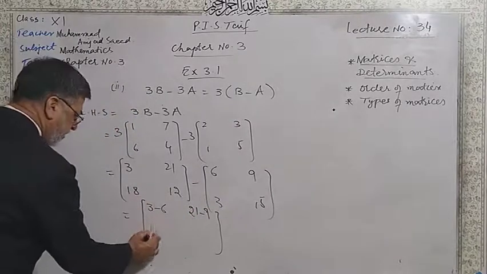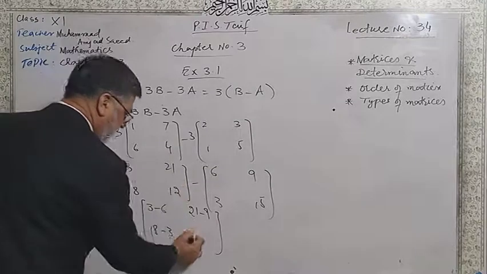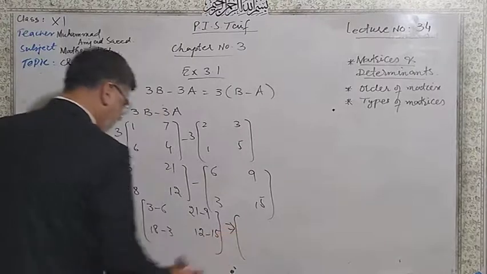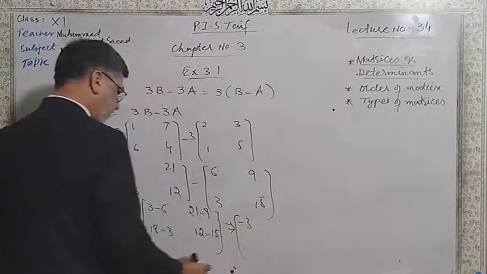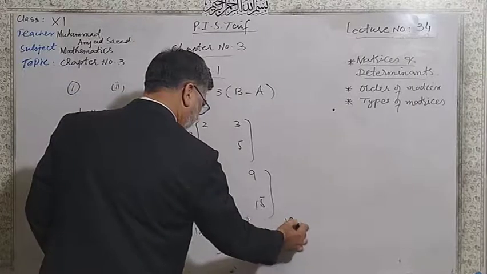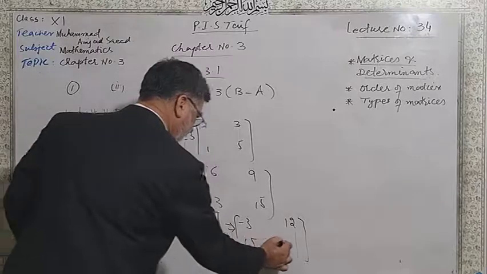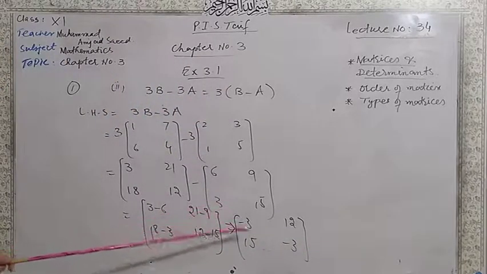Similarly, third minus third, 18 minus 3, and fourth minus fourth, 12 minus 15. And we are left with 12, 15 and minus 3. Dear students, you have this left hand side.